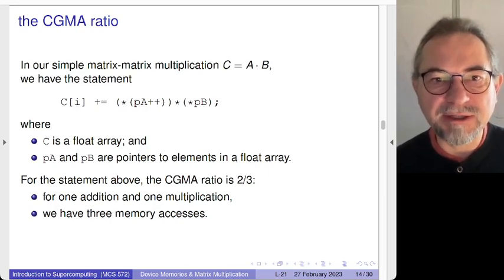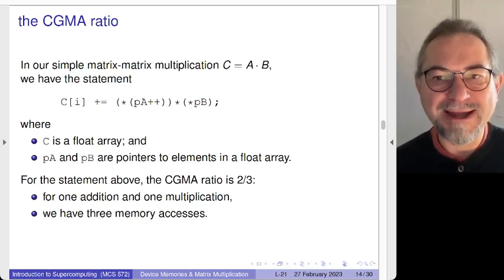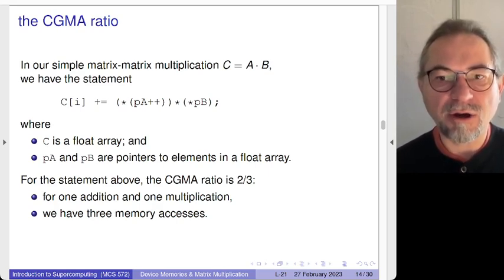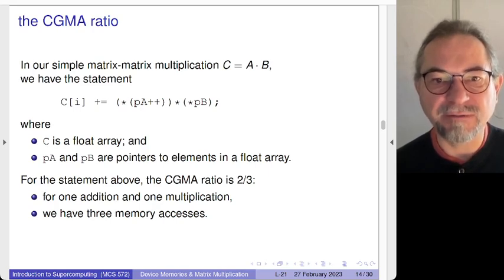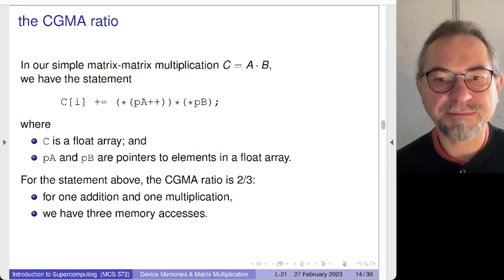Typically in the compute to global memory access ratio, we only count the floating point operations, so the operations involved in the update of the indices in both the A and the B matrices, we don't really count.